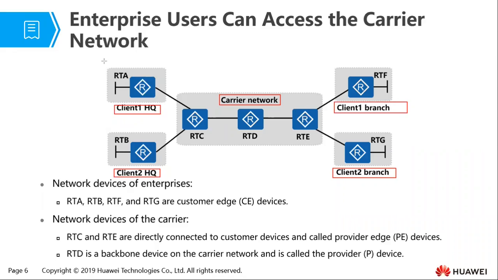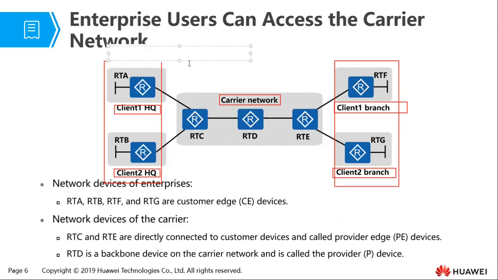Now, the routers that are on the client end are referred to as customer edge routers, commonly referred to as CE. So we're going to be talking of CEs. So that is what a CE is.